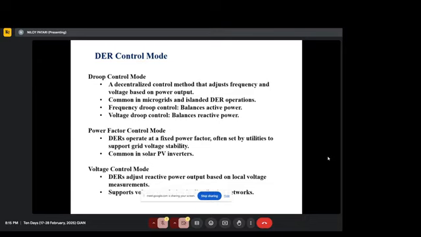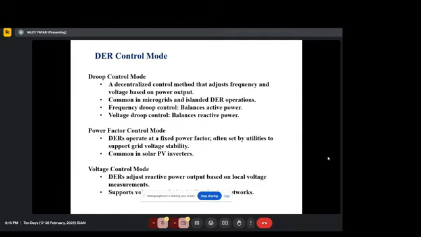Now, all these control modes are pretty much explained in literature, and how to use these control modes in different operations is explained in the IEEE 1547 standard. IEEE 1547 is a standard that we have to follow whenever we design or operate DERs connected to the grid through a converter.